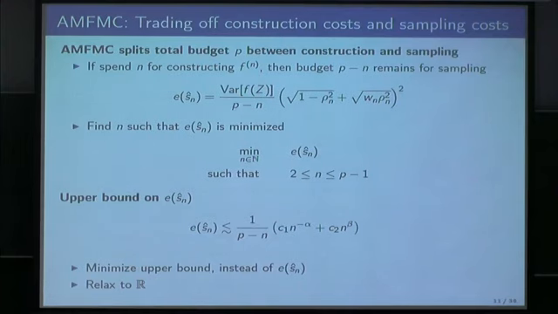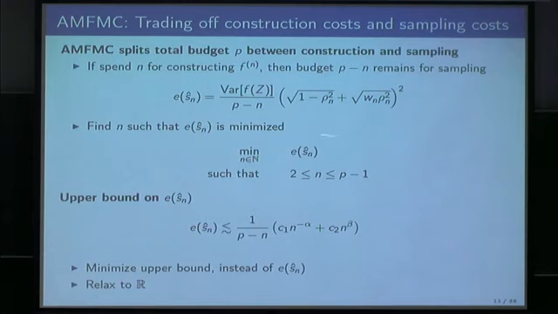Now, what this adaptive multi-fidelity Monte Carlo approach wants to do, it wants to split the total budget P that we have available. It wants to split it between constructing the surrogate model, so how many high-fidelity model evaluations should we invest in constructing the surrogate model, versus the rest of the budget that we then should invest into sampling the high and the low-fidelity model. So if we spend n evaluations on constructing the surrogate model, we get a certain surrogate model with a certain correlation coefficient and costs, and then we have the budget P minus n left for sampling.